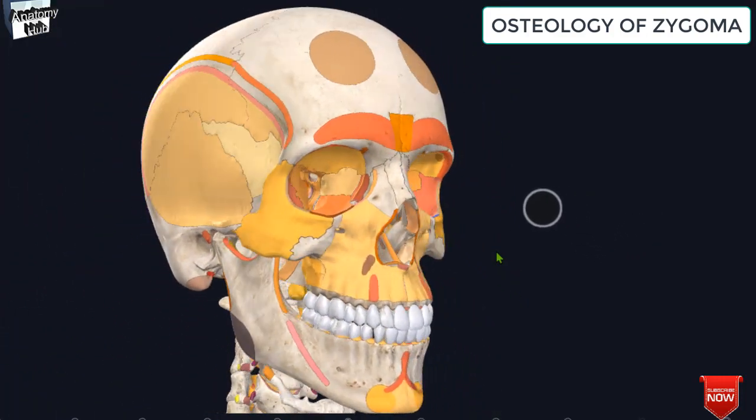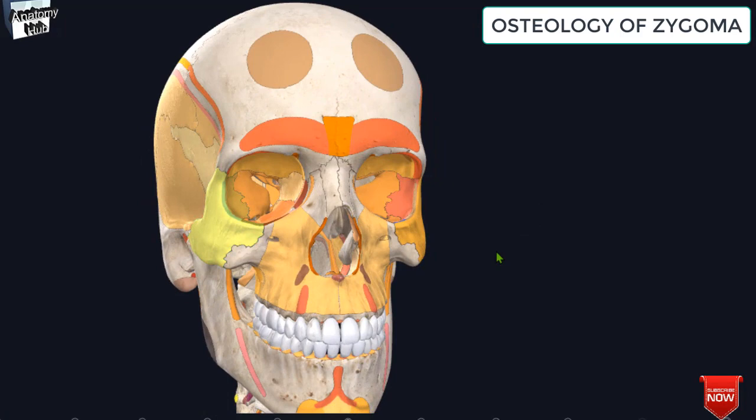Now in this model we will see what are the surfaces of your zygomatic bone. So here you will find this is actually the lateral surface of the zygomatic bone. So this lateral surface or the malar surface of the zygomatic bone is the external surface of the zygomatic bone, and it forms the lateral part of the face.